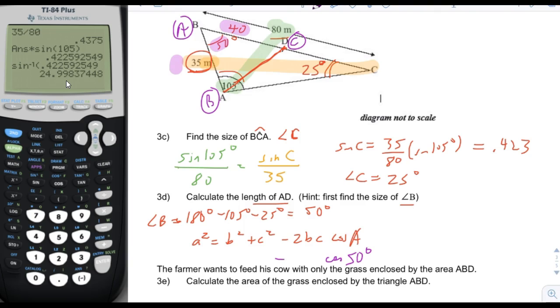And sides B and C are going to be 35 and 40. These are 35 squared and 40 squared, right? And a squared is unknown. a squared is obviously the red line, because that's the only side we don't know.